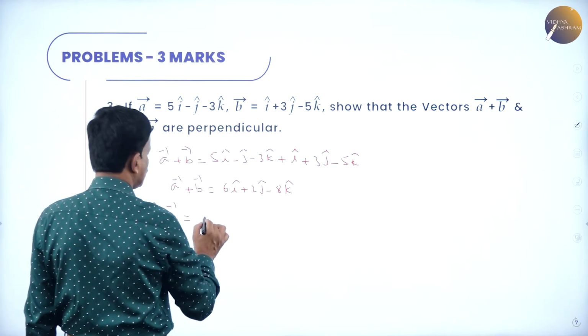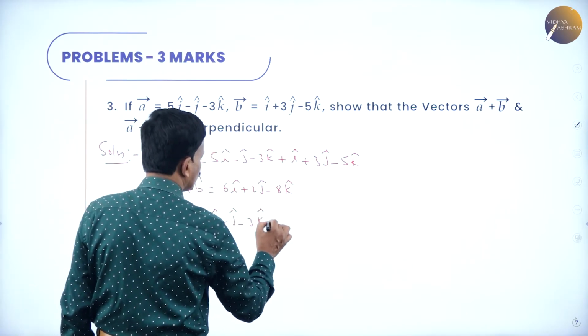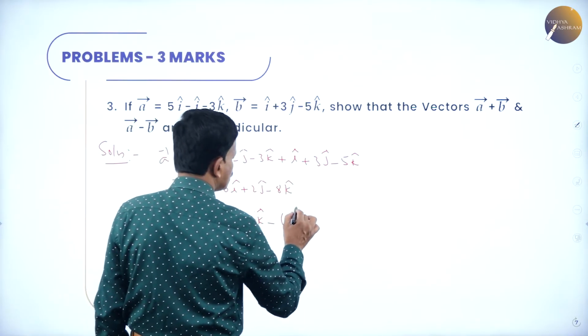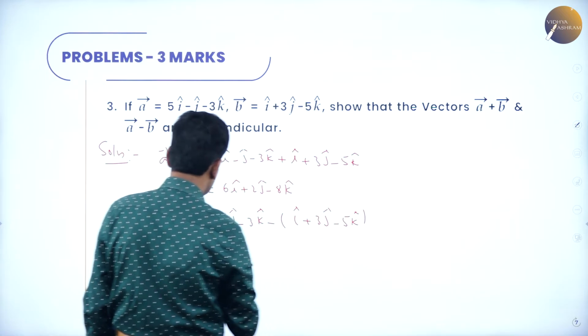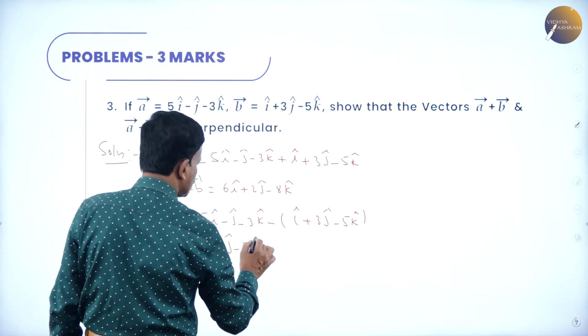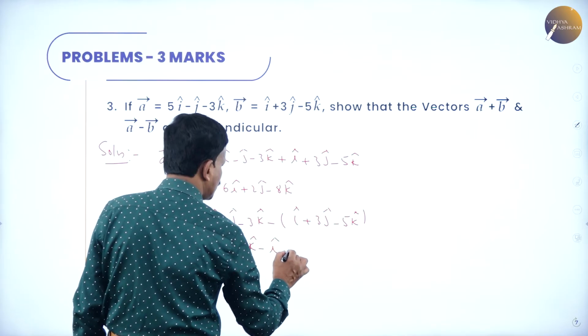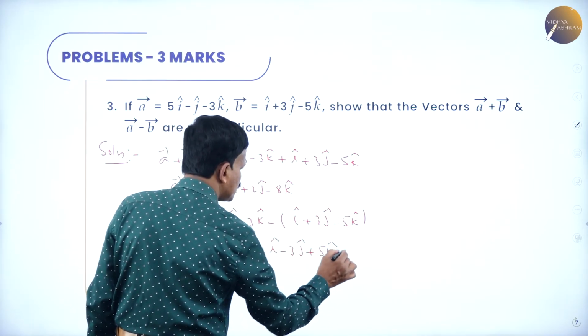Subtract. Vector A is 5i minus j minus 3k, minus vector B, which is i plus 3j minus 5k. This is 5i minus j minus 3k, multiplied by the negative sign: minus i minus 3j plus 5k.